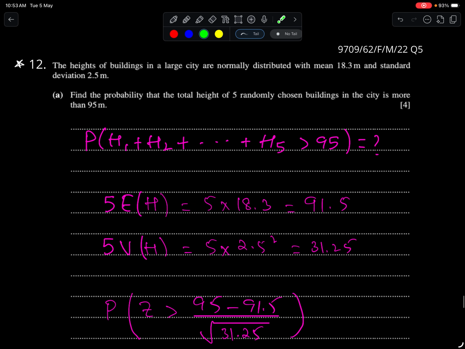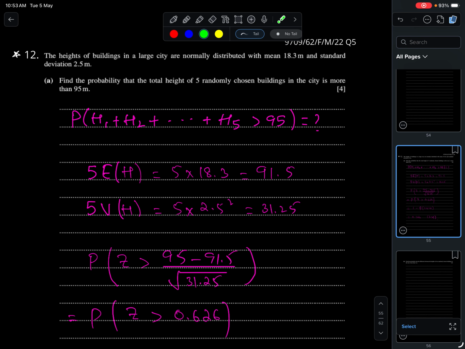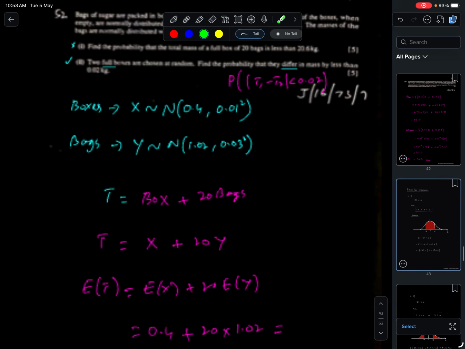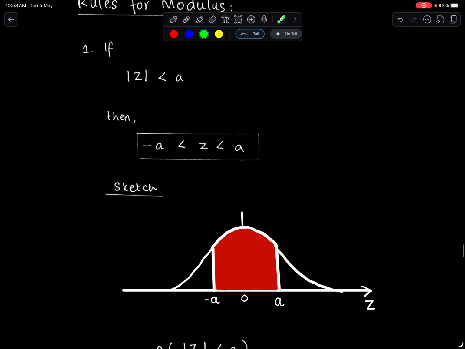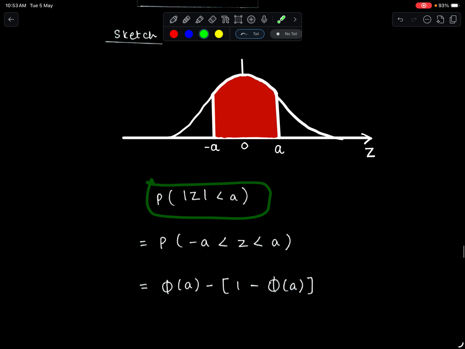This is an important question, but let me first explain the concept. See, if we have modulus Z less than A, we remove the modulus in this way: Z lies between minus A and A. This area is required.